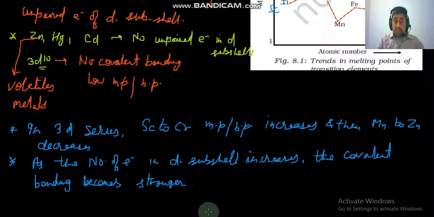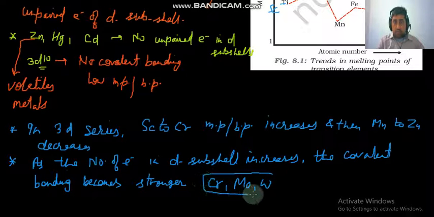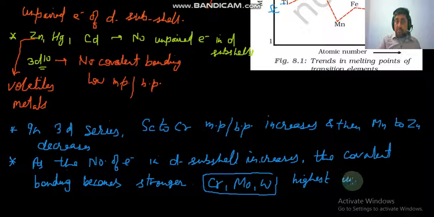And this trend, if you see, is up to chromium, molybdenum and tungsten group. So up to these elements, the number of electrons in the d subshell increases, and that's why they have the highest unpaired electrons in the d subshell.